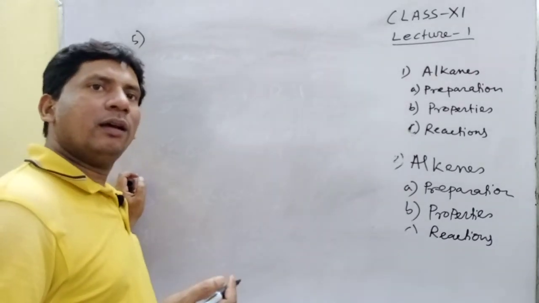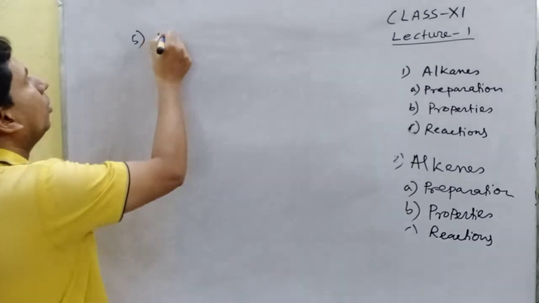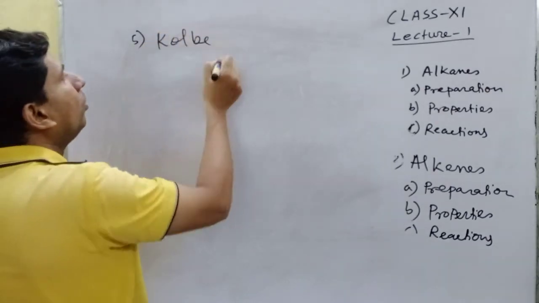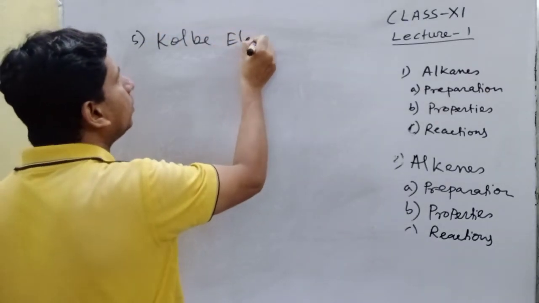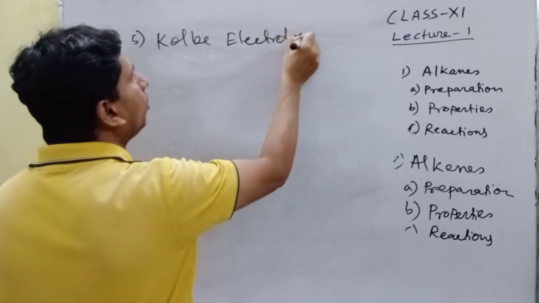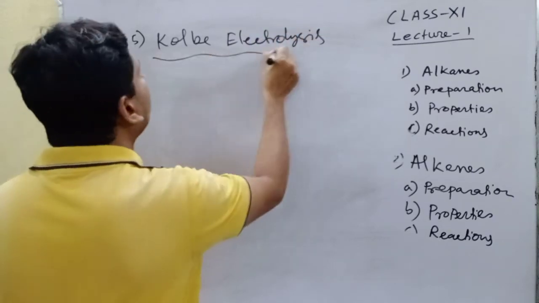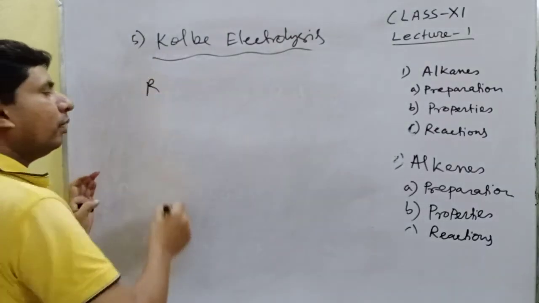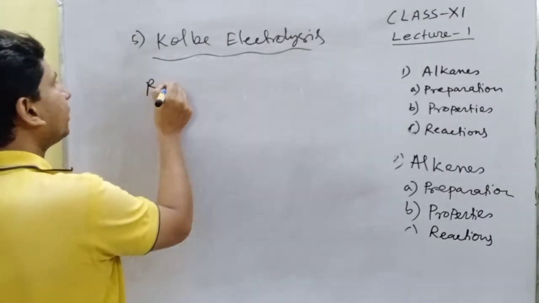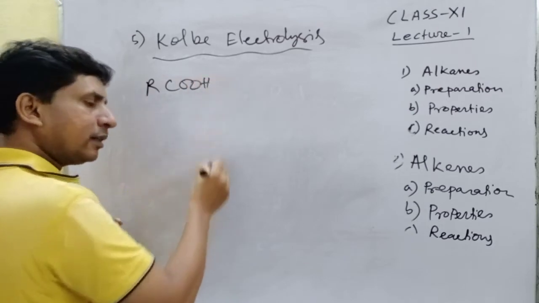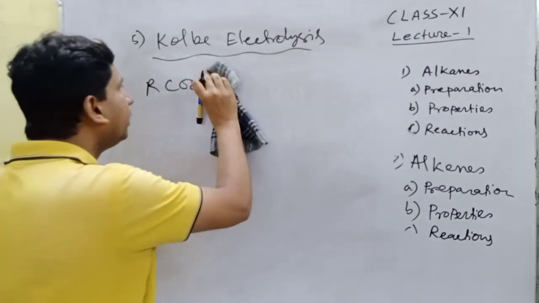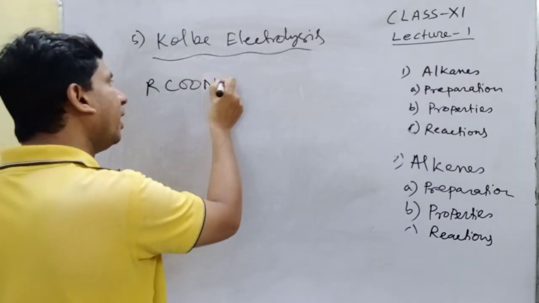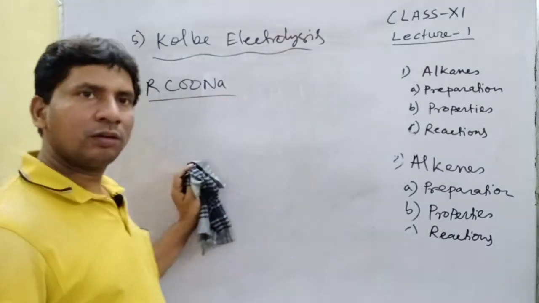Actually, Kolbe electrolysis. At first we take an acid, then if this hydrogen is removed and replaced by sodium, this is the acid salt.